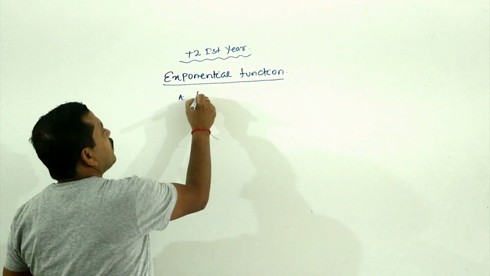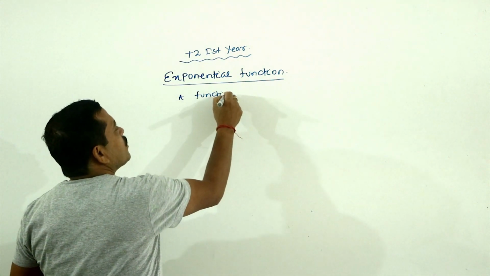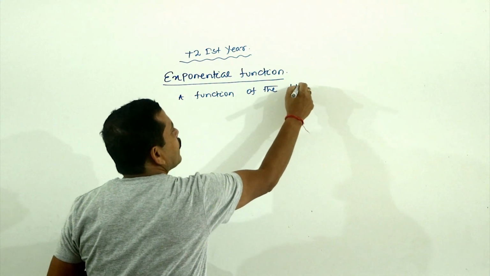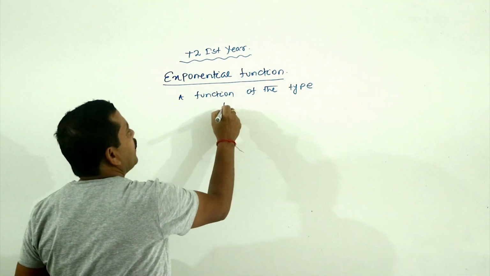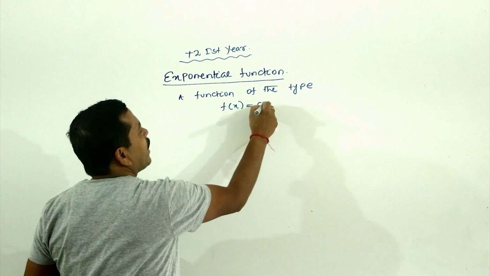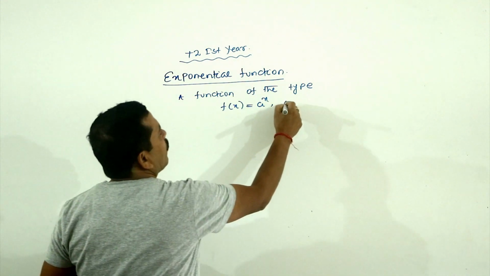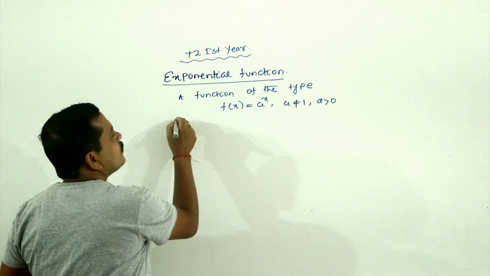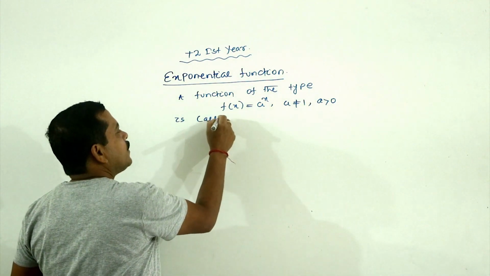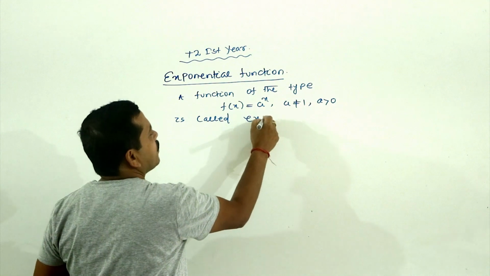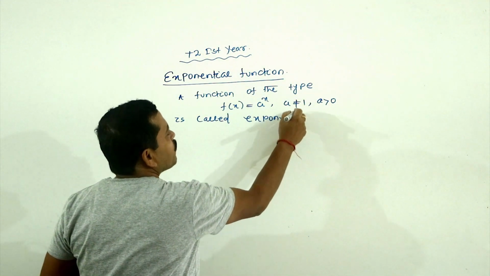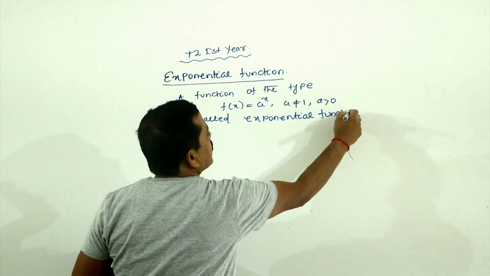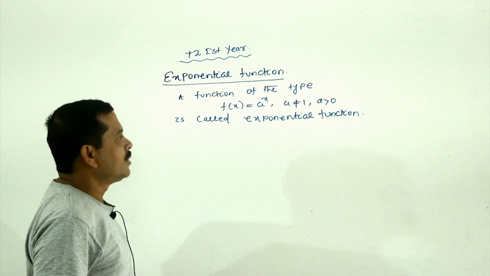A function of the type f of x equals a to the power x, where a not equal to 1 and a greater than 0, is called exponential function. This type of function is known as exponential functions.